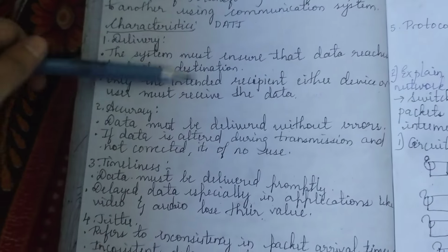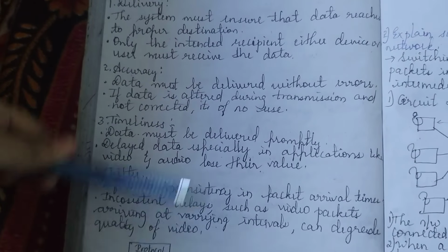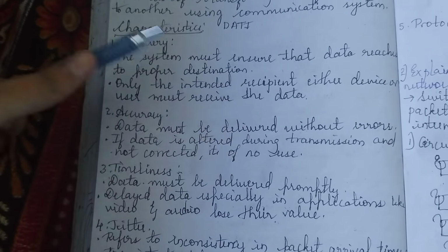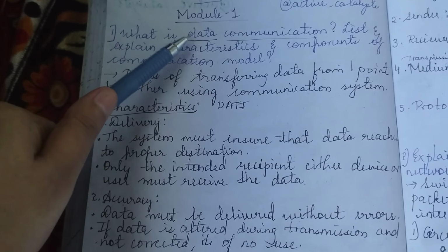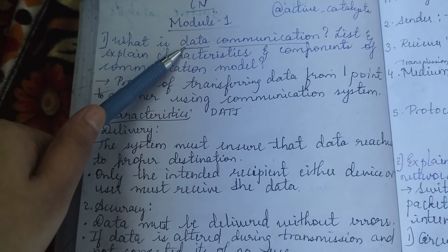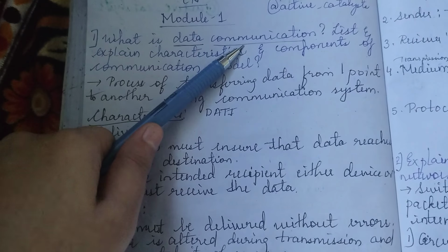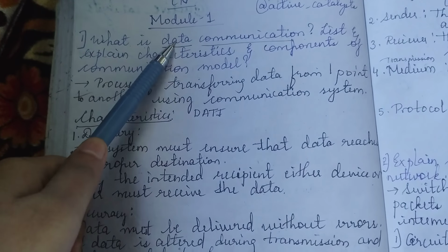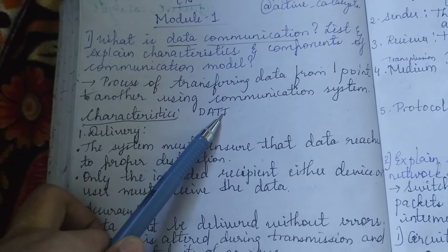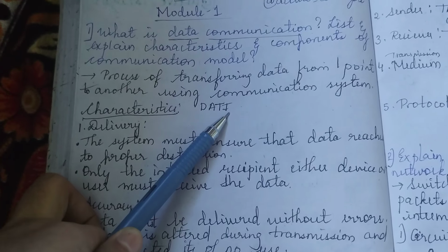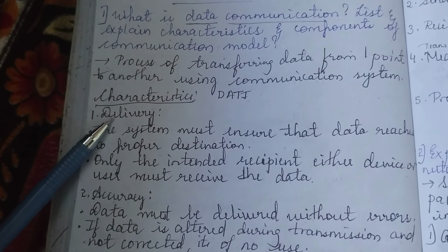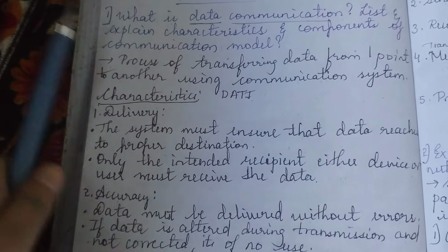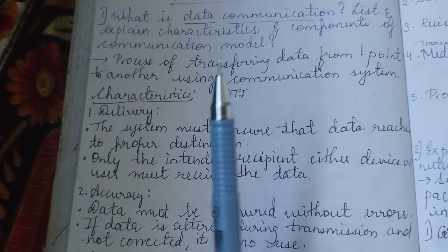Now I'll not read all the points, I'll just tell you what it means. To remember the characteristics, the trick is, you're remembering the characteristics of data communication, so DATA, and the last one is J. What is that J? I'll tell you. The first point is delivery. As data communication happens, delivery is important.